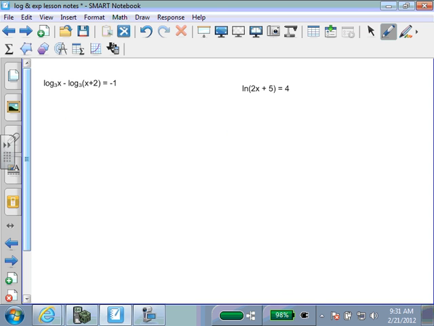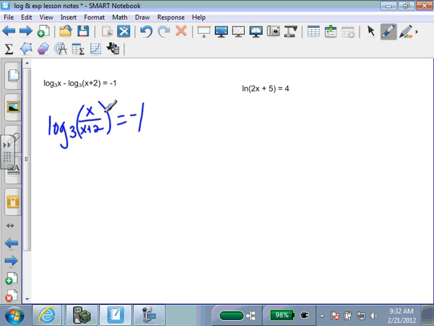Let's try it again. Now I have two logs, so I cannot isolate them as one unless I can condense them into one log. So I can, it's a subtraction, and they both have base 3. So log base 3 of x over x plus 2 equals negative 1.